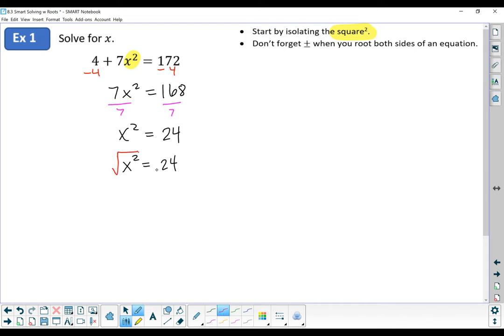And whenever you apply a root to both sides of your equation, you need to include a plus or minus symbol to cover both your positive and your negative solution. So we have x is equal to positive and negative root 24. And the square root of 24 is simplifiable, so x is equal to positive and negative 2 root 6.